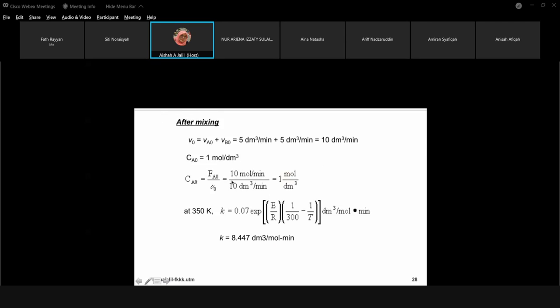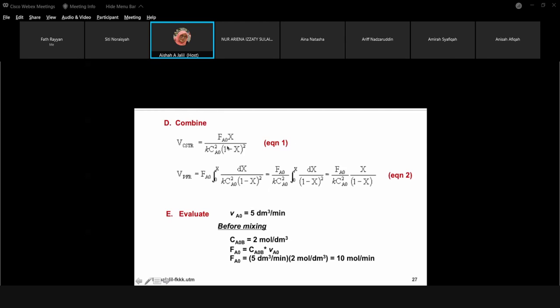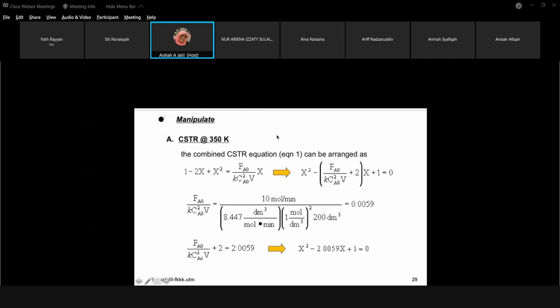It comes from this one. 1 minus X goes up, and you can get F0 X over k CA0 to the power of 2, which is V. Right? V here. Then rearrange, and you get this one.